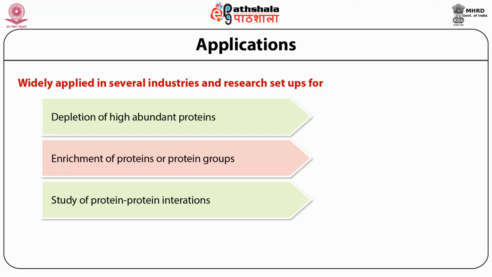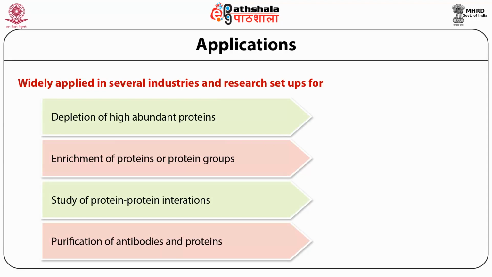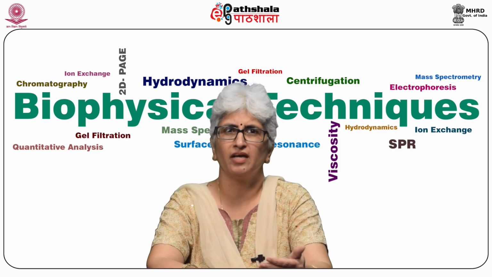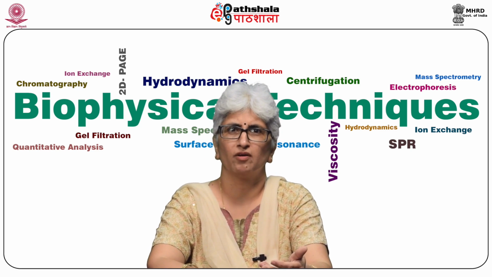And the most common use is purification of antibodies and proteins from any source. So these are the applications. You can use affinity chromatography for depletion of high abundant protein, enrichment of protein, to study protein-protein interaction, and purification of antibodies and proteins. So what precautions should one take while doing affinity chromatography?